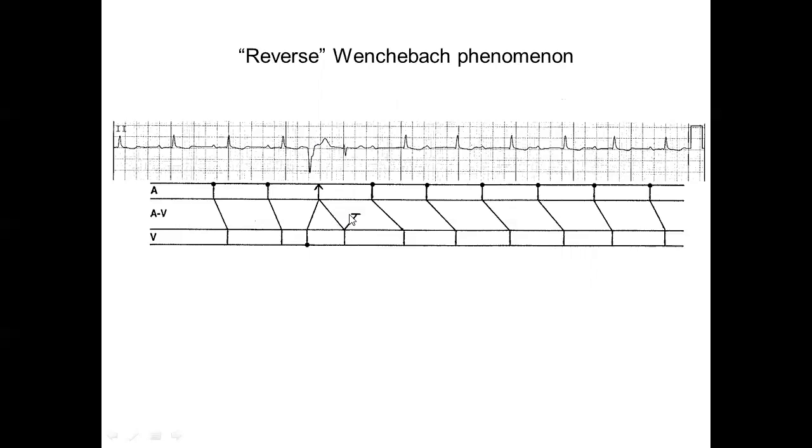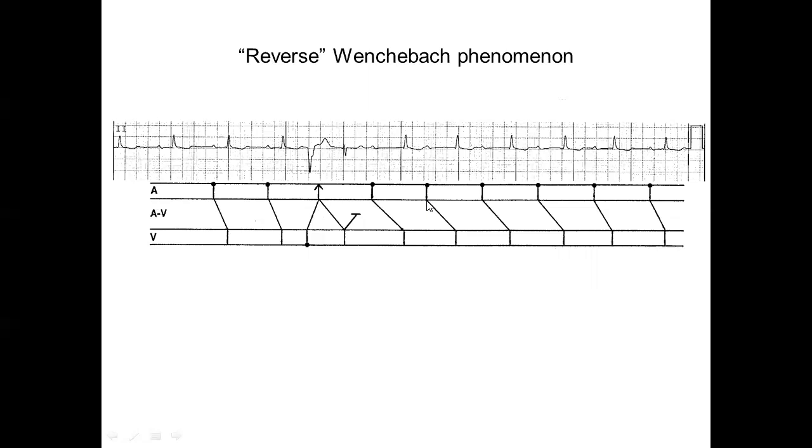Then it turned around and tried to go back to the atrium, but it is blocked. However, it disturbed the AV conduction system enough that the next P is going to take a longer time to go to the ventricle.